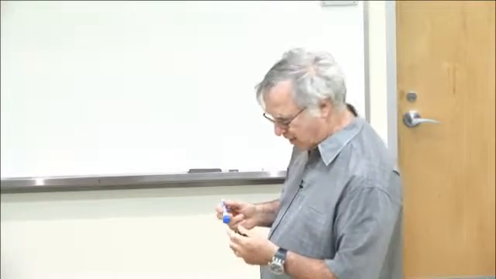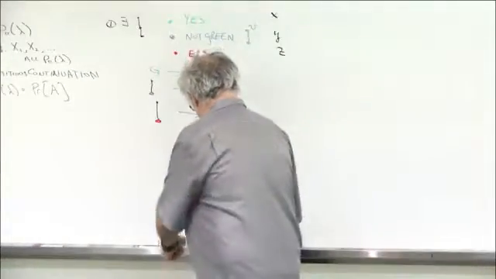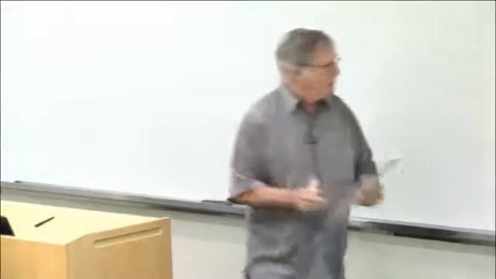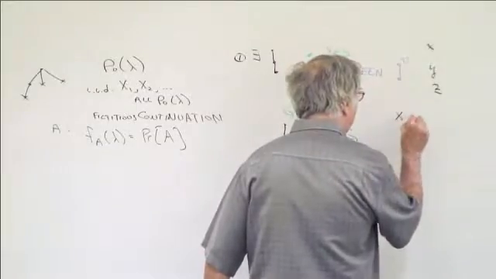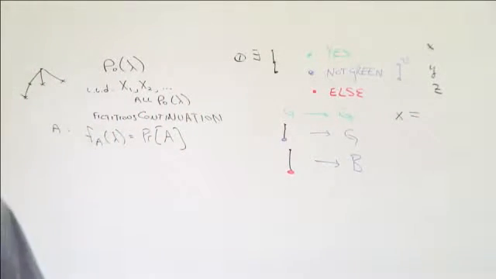Now, because of this, we can give some equations for x, y, and z. So what is the probability that you're green? Well, either you have a green child. Now, the Poisson is particularly nice.